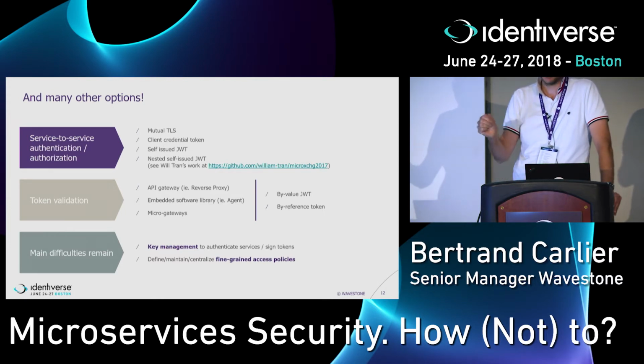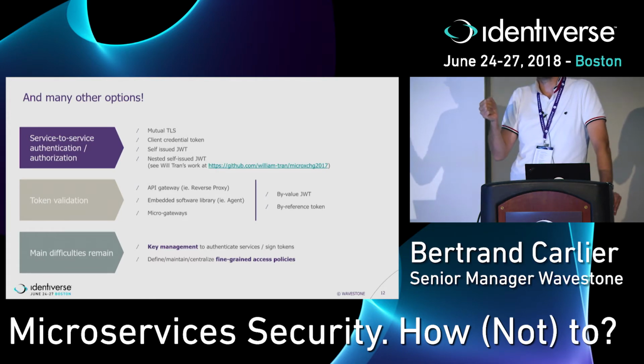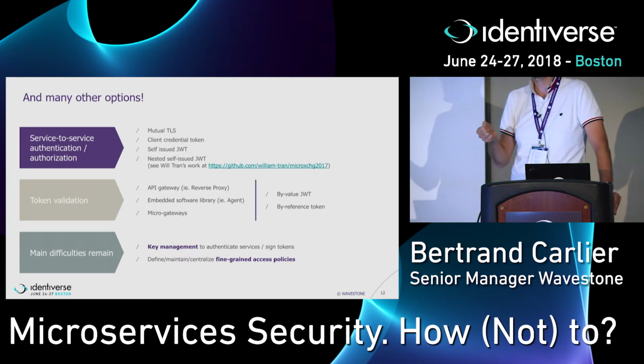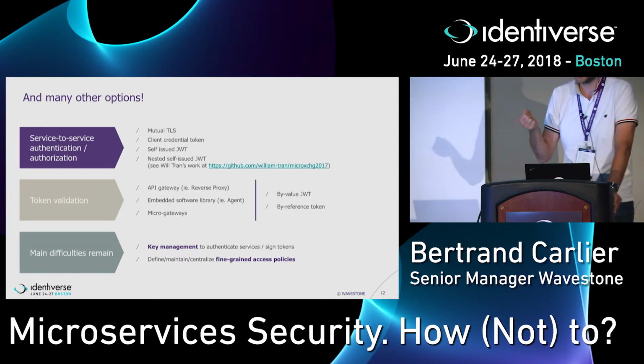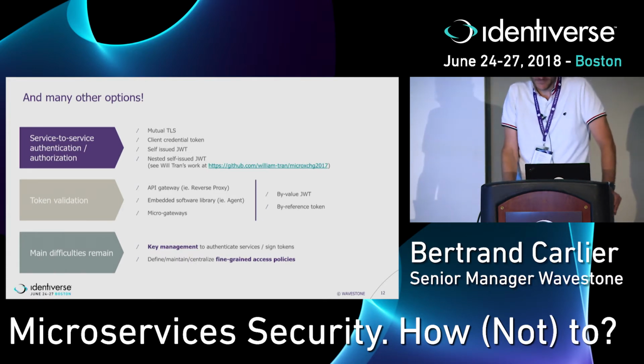And I encourage you to have a look at Bertrand's work with nested self-issued JWTs. It actually permits to do something like token exchange, so you will have a traceability of all the API chain, and you don't need an authorization server to do that. So you don't need the round trips to the authorization server, so you get a lot of improvement when you speak about network latency.